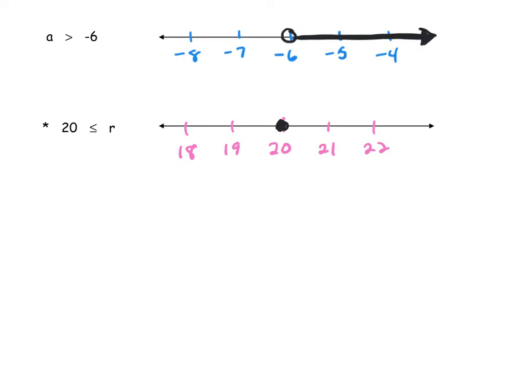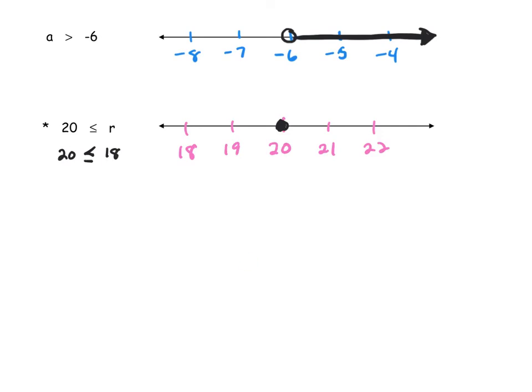And now here's where I have to be very careful. This reads 20 is less than all of these numbers. So basically 20 is smaller or equal to all of these numbers. So if 20 is smaller than all these numbers, I might want to pick a number and check this out. So if I'm going to read this, I'm going to say 20 is less than or equal to 18.